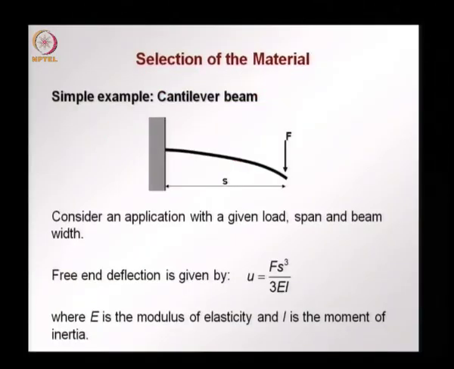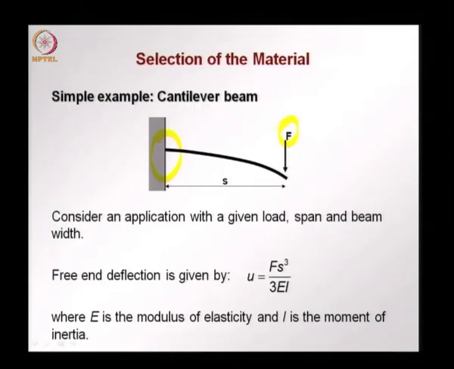So, let us take a simple example of a cantilever beam, and all of you know what a cantilever beam is. It is a beam with a fixed end and it projects out and you have a certain load acting on it.